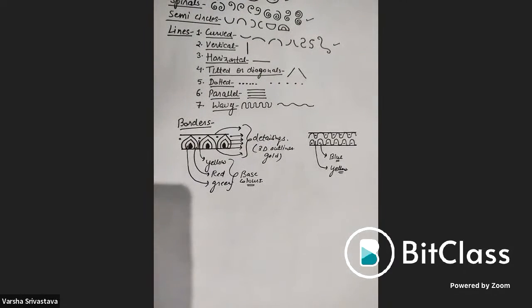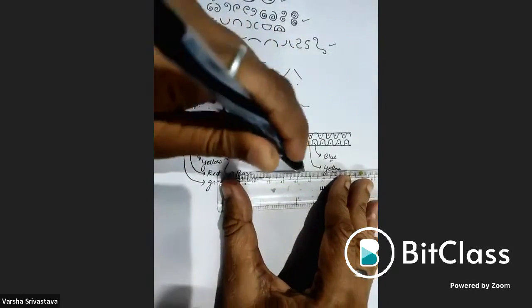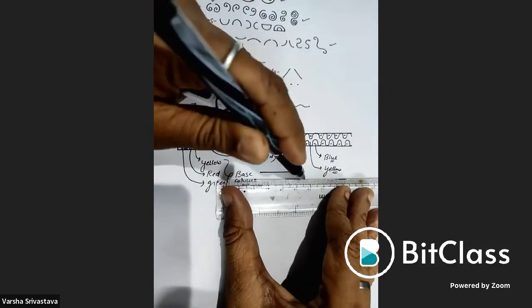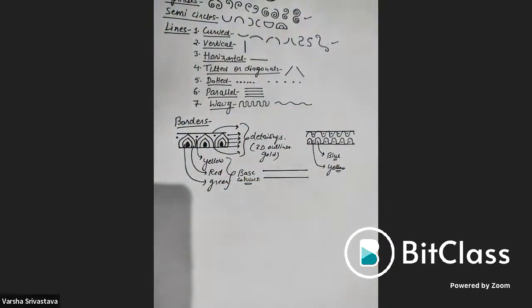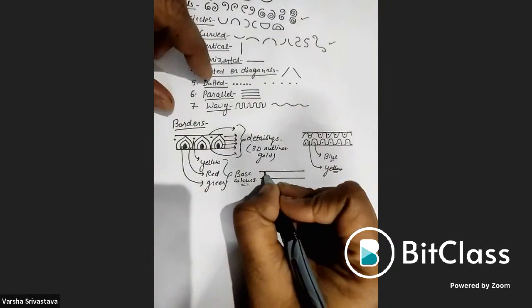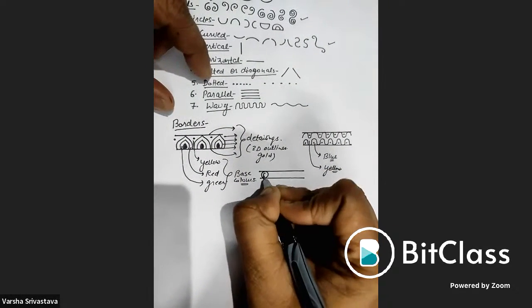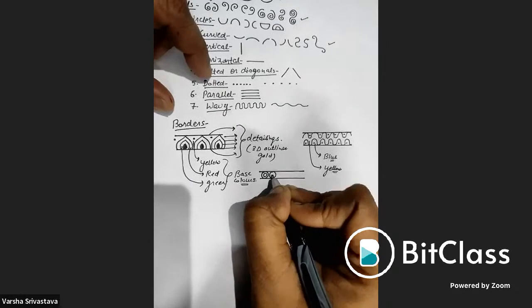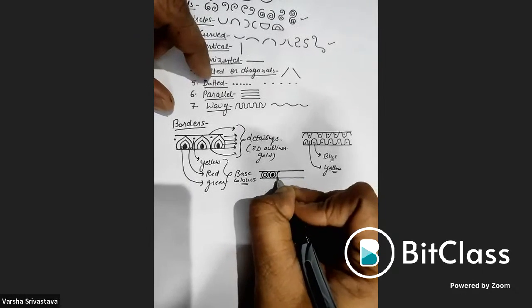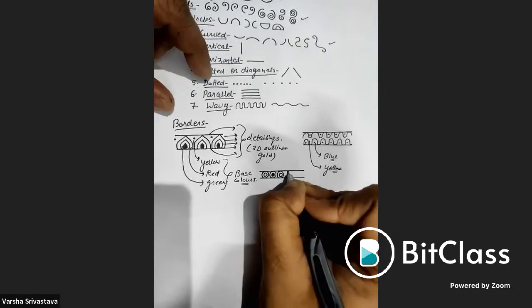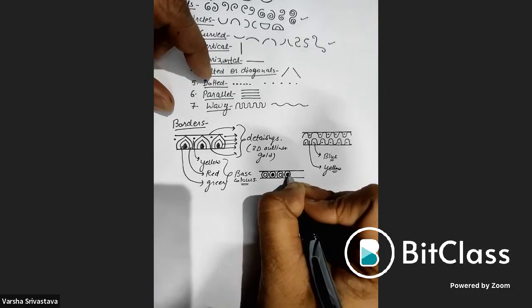Okay. So now I am going to make the next border, and this particular border is a thin border. I'm just making it right here. I am going to make the hollow circle with the hollow circle and the hollow circle with the solid circle. Now where I'm doing solid, the detailing color has to be filled.